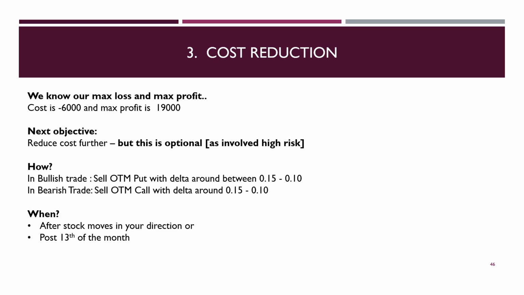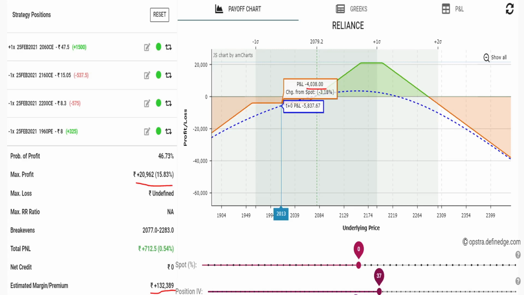Now when we have to put this leg, we can do this simultaneously with our first cost reduction leg, that is when we have sold call, along with the call sell in our given example. So in our example, now we sell FAR OTM put. So let's see this graph.